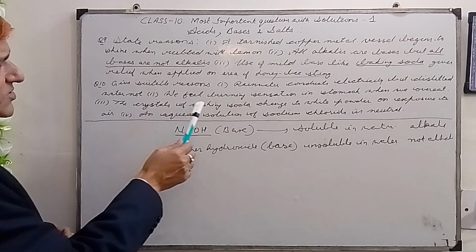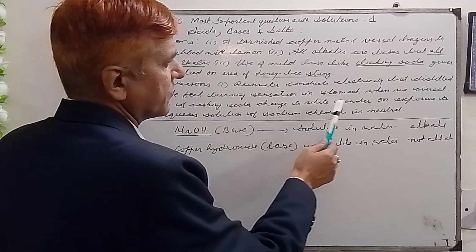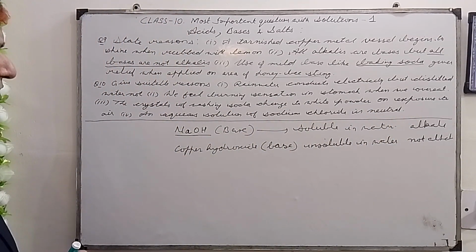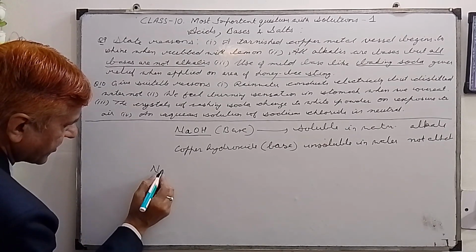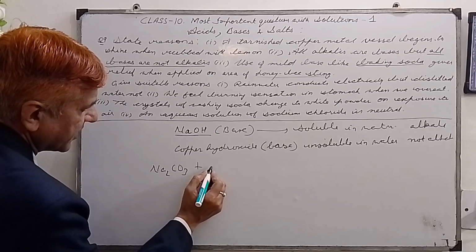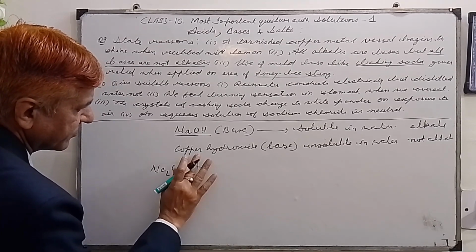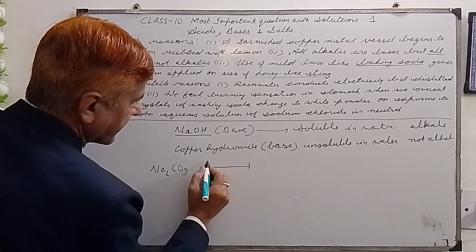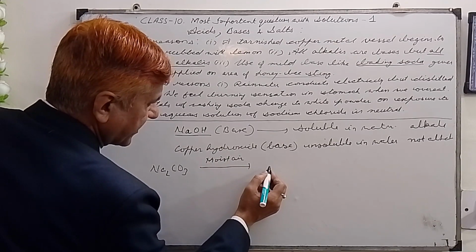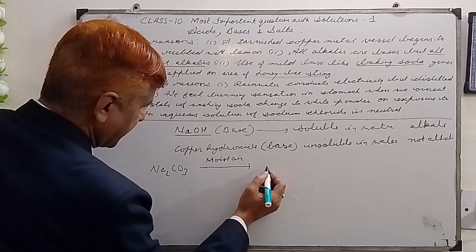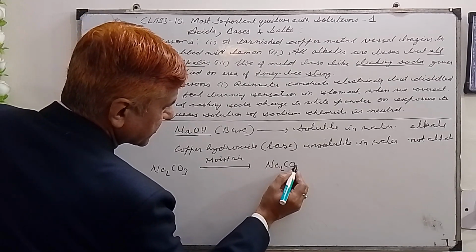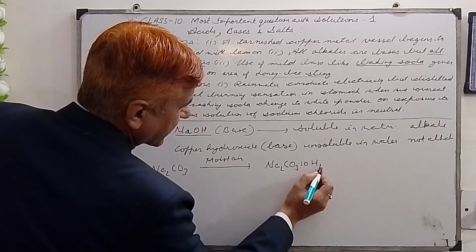Number 3, the crystals of washing soda change to white powder on exposure to air. So washing soda means Na2CO3. When this reacts with moist air, it will get hydrated, that is Na2CO3 with 10 molecules of water.